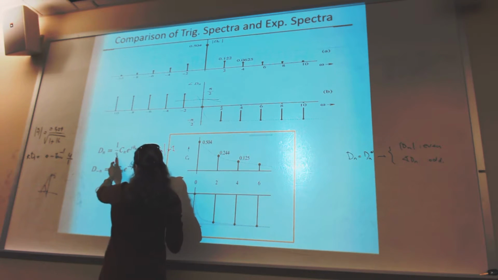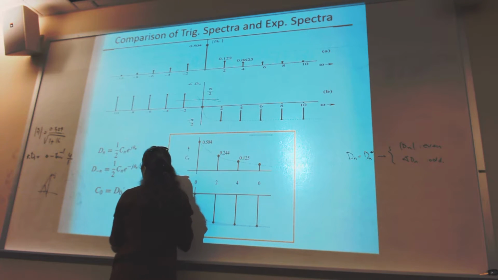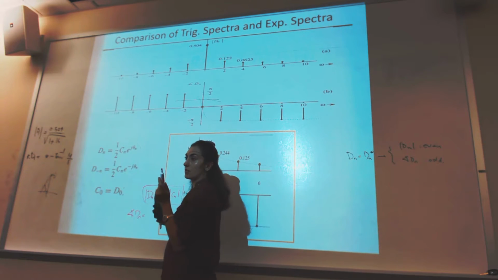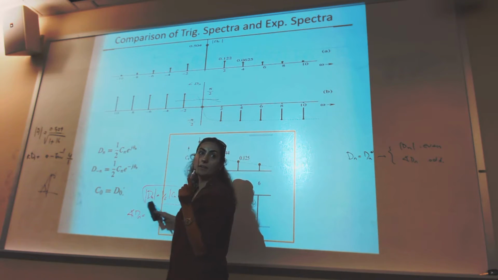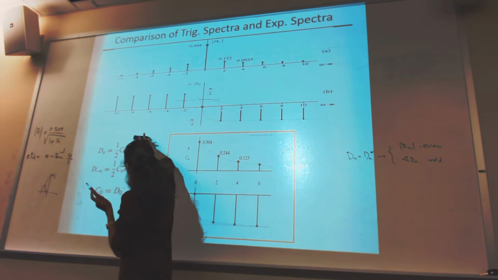So phase of Dn is equal to, what's the phase of this side? Phase of half. What's the phase of half? Just 0, right? Yes, so it's a real number. I want to look at the phase of this part.